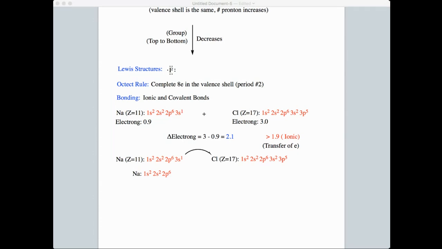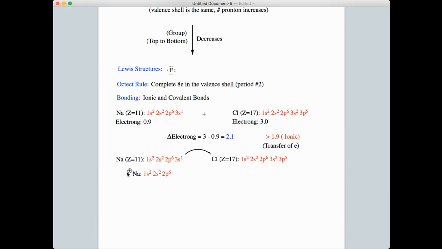It lost one electron. So what's going to happen with sodium? It will become a cation. It becomes sodium cation. It becomes an ion. That's precisely the definition of an ionic bond.